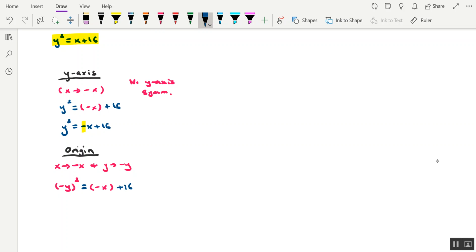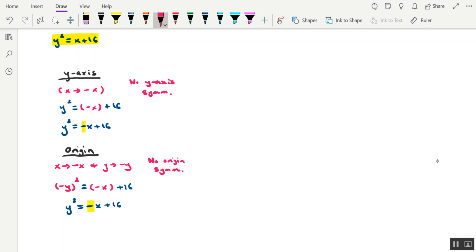And simplifying the negative y squared to get positive y squared and removing parentheses on the right, we see that this does not match the original version of the equation again, because we're off by a negative sign. So we would make the same conclusion as for the y-axis symmetry test: there's no origin symmetry.